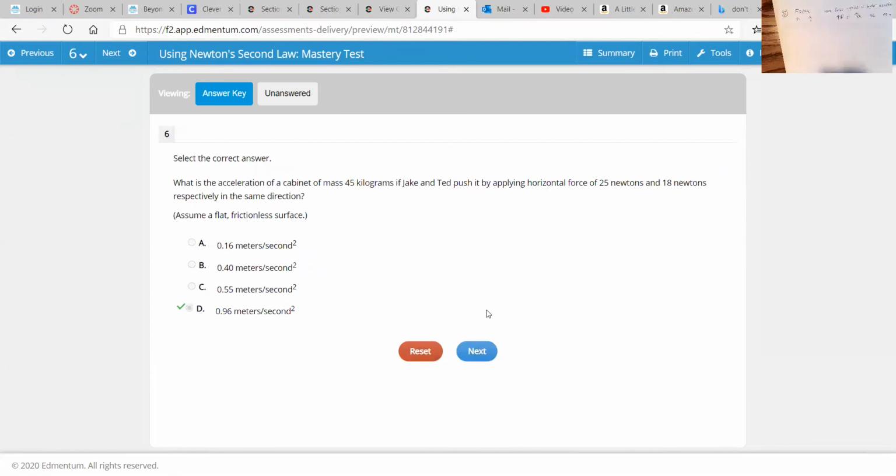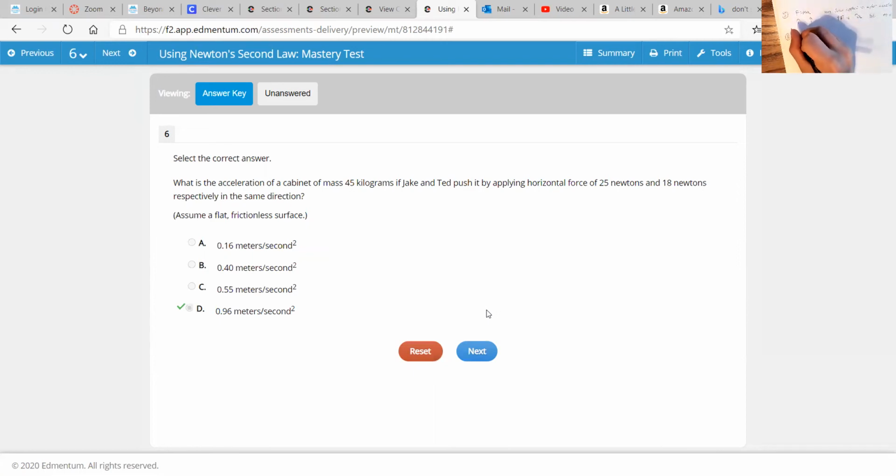Six. What is the acceleration of a cabinet of mass 45 kilograms if Jake and Ted push it by applying horizontal force of 25 newtons and 18 newtons, respectively, in the same direction? Assume a flat frictionless surface.